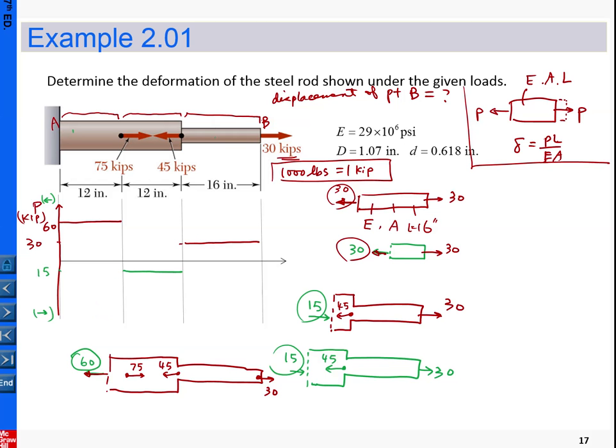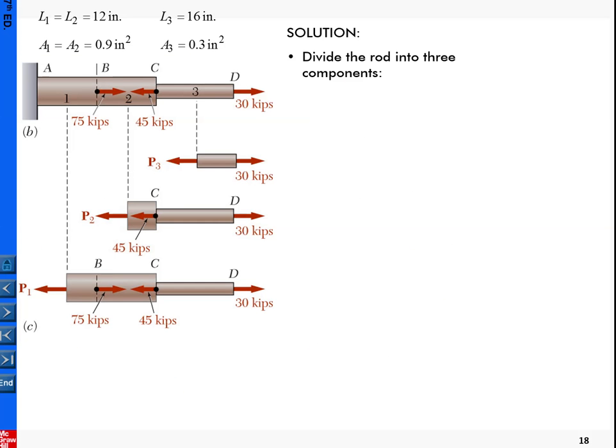Then we can proceed to see how to calculate this. These slides provide more detail about the dimensions and the size, and repeat the free body diagram I just demonstrated.